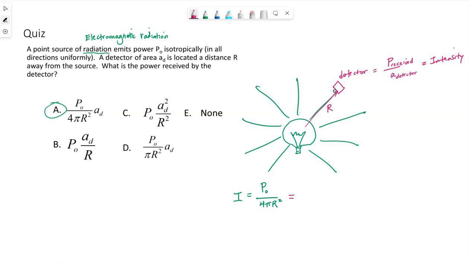The intensity it's receiving is from the source. So we can say this is power received divided by the area of the detector. So the question is asking for the power received. So the intensity of the radiation emitted times that area, just bringing the area up here, will give us the power. And that's why A is the correct answer.